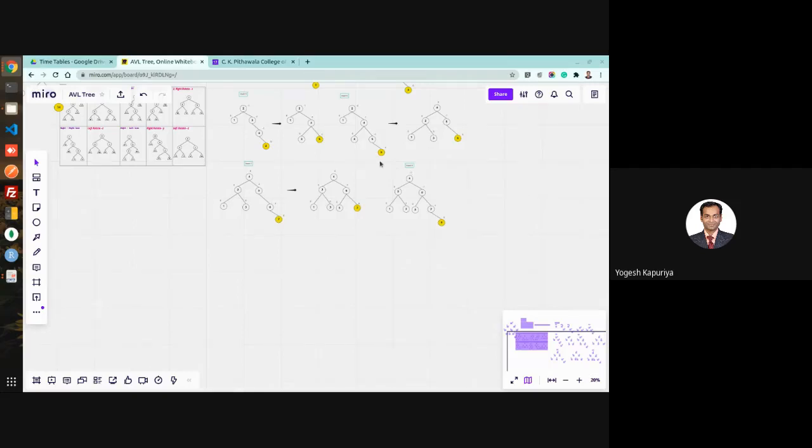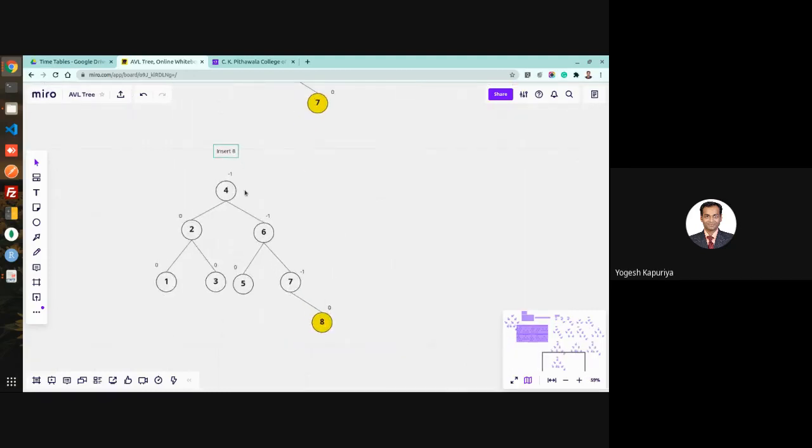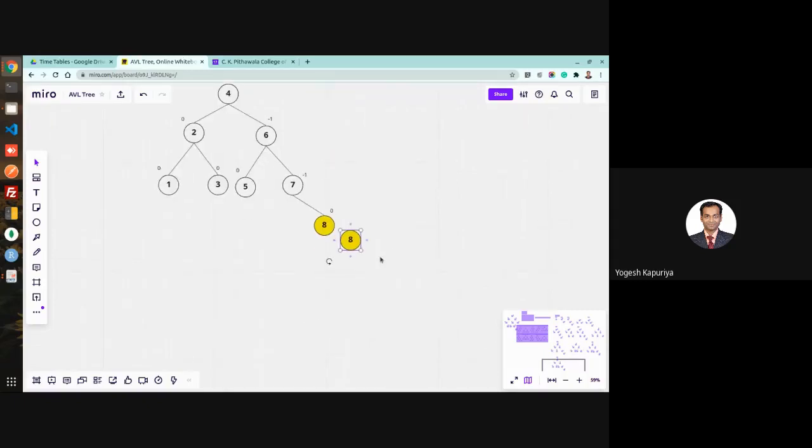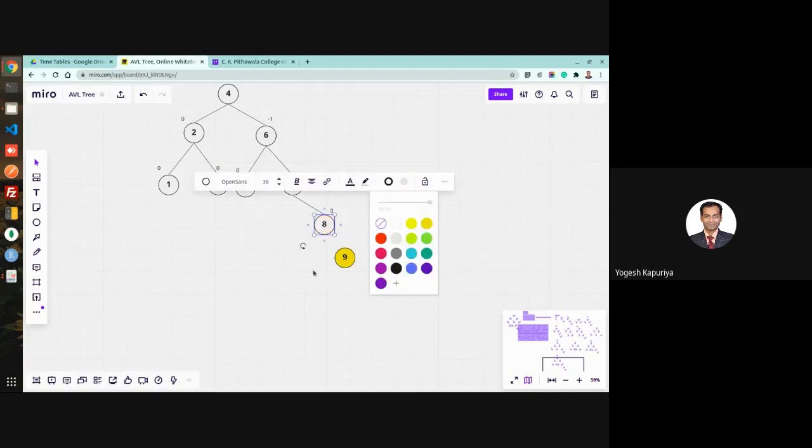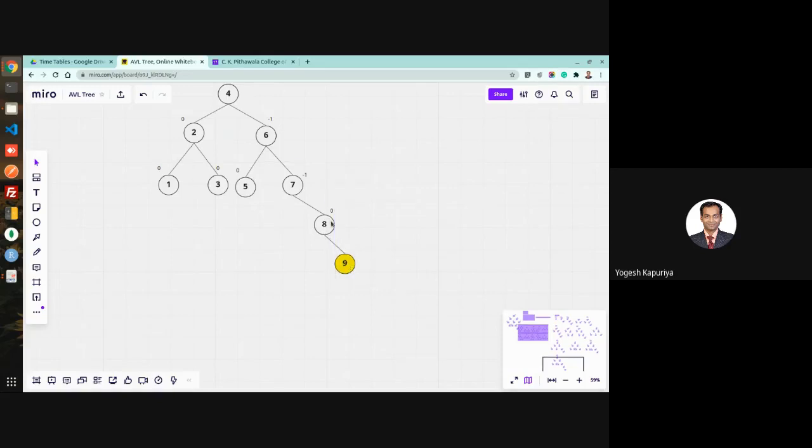Okay. Then we insert 9. So insert 9. And you insert 9, it goes here, and let's compute.